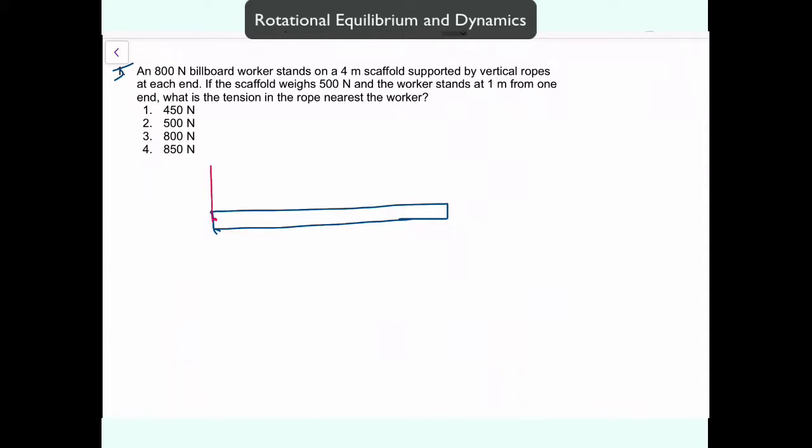So this is holding it like that, and there is another one holding it like that. Let's call this tension 1 and this one tension 2, the two cables that are holding the scaffold. Then the scaffold has its own weight, which is 500 Newton. It's given in the problem.